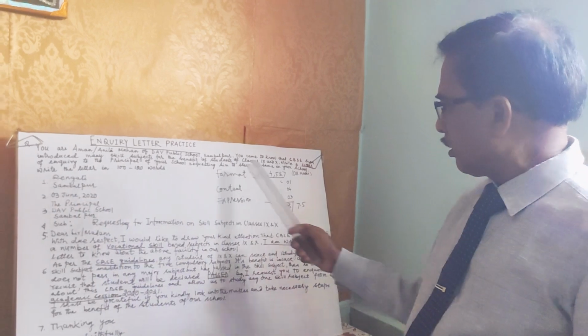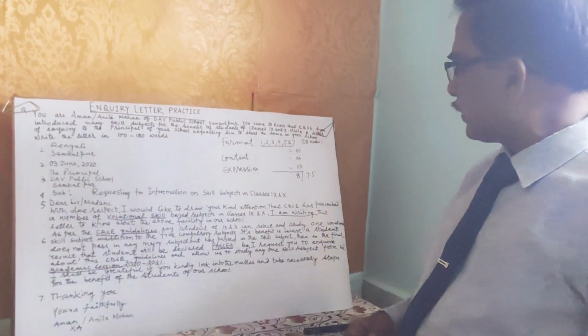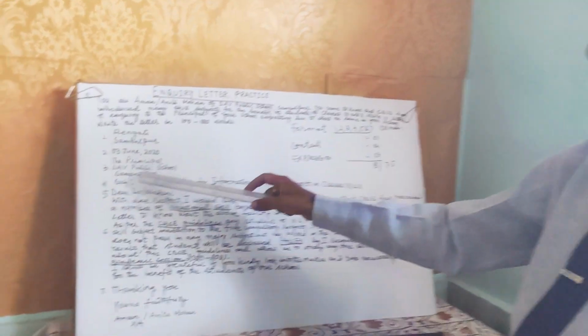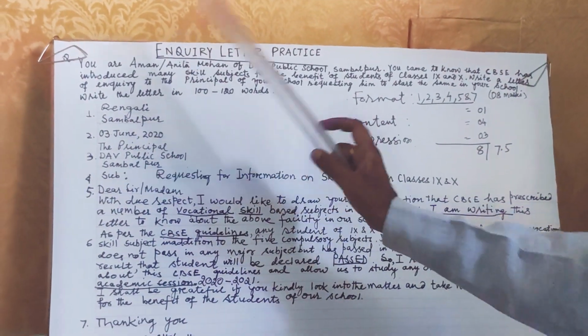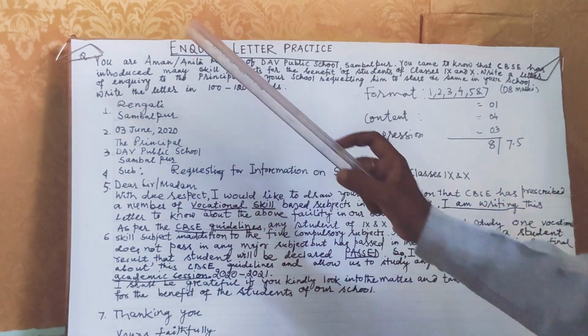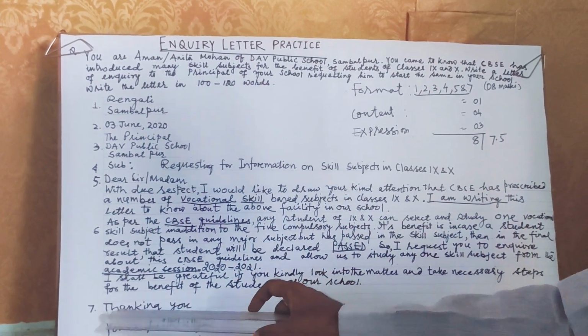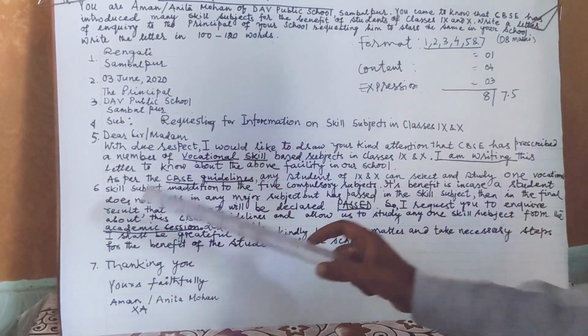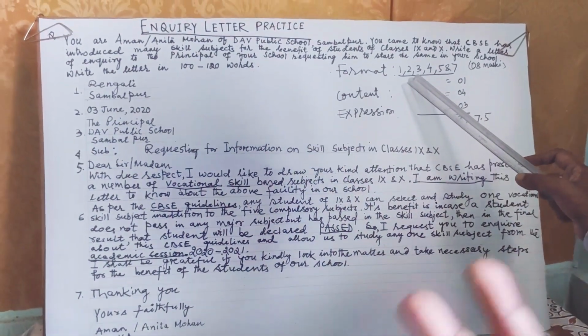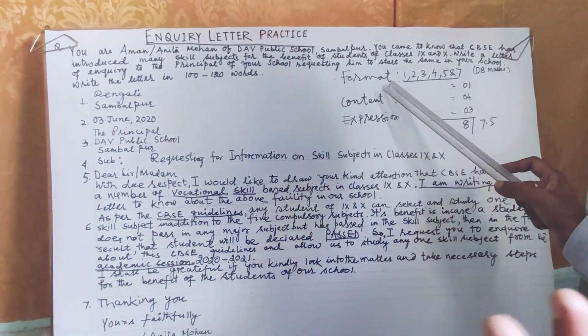We have mentioned sender's address, we have written date in full, we have mentioned receiver's address, we have written the subject line, we have written salutation, we have also written complimentary close. So there is no reason why we should lose any mark. So we are getting 1 mark.